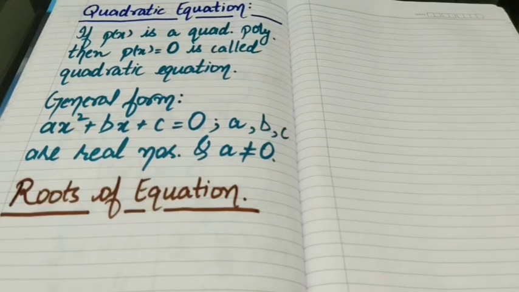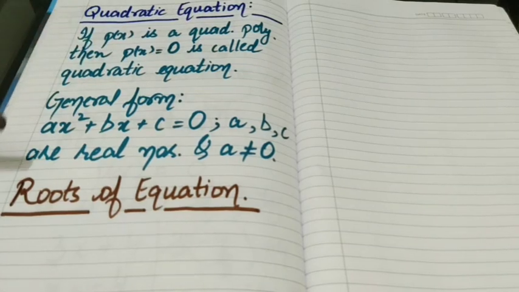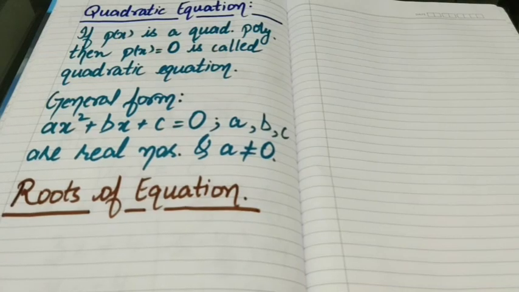Well students, next we have roots of an equation. If p(x) is a polynomial, then zeros of the polynomial will become roots of the equation.